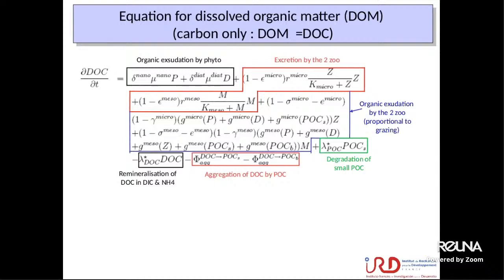As you saw, there are only two sizes of phytoplankton, so it's really not realistic, because in reality there are many, many different species. So I don't think it would make much sense to separate them in number of cells. Okay, thank you.